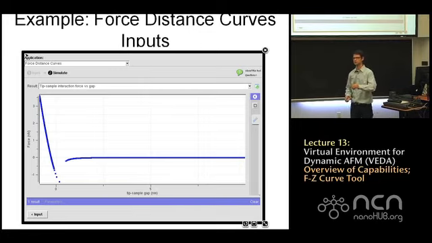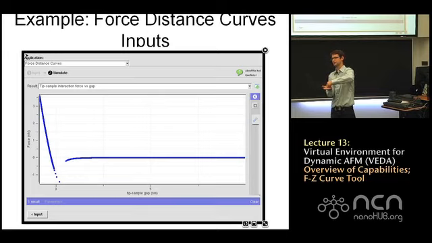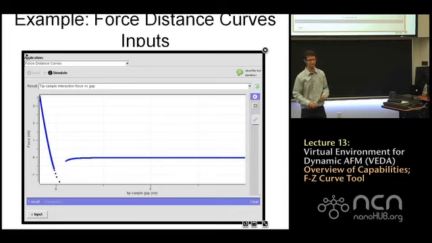What's happened here is, as we were approaching, the tip snapped onto the sample. So there's that region where the tip went from a non-contact state to a contact state. We basically didn't get any information during that region. So, did everybody get this force versus gap?